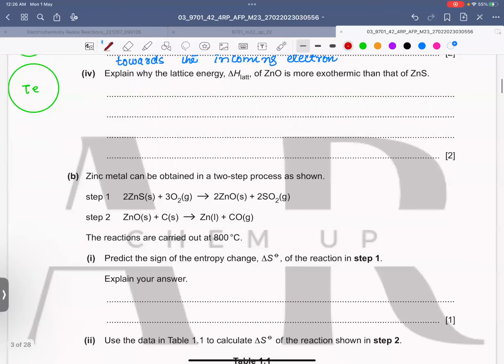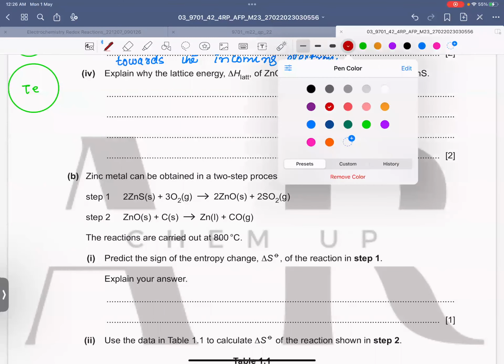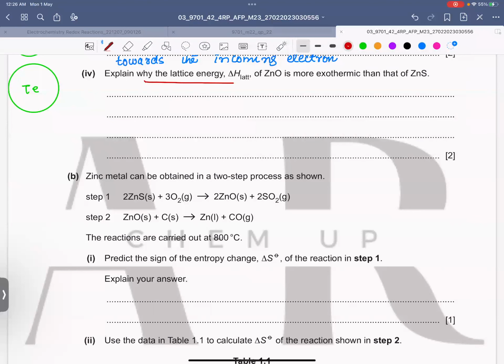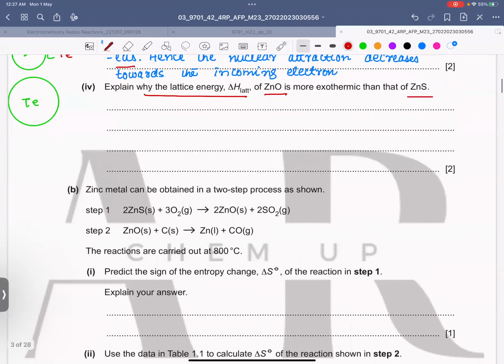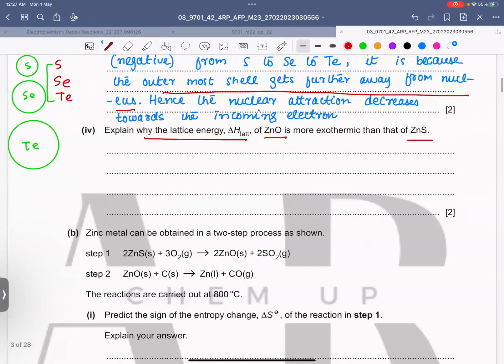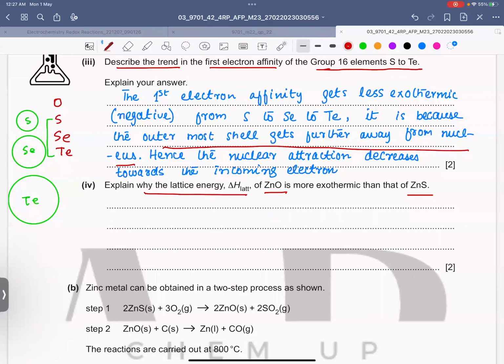Now the next part: explain why the lattice energy of zinc oxide is more exothermic than zinc sulfide. If you look in the periodic table, see where the oxide ion and the sulfide ion are. Obviously the oxide ion is smaller and the sulfide ion is a bigger ion.